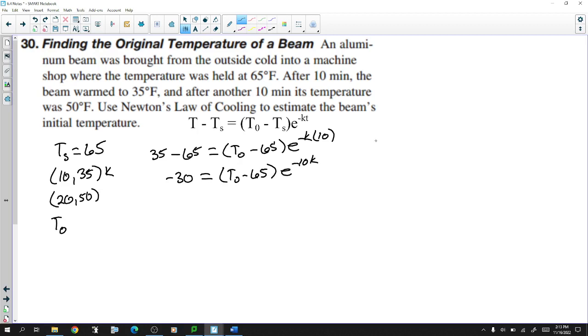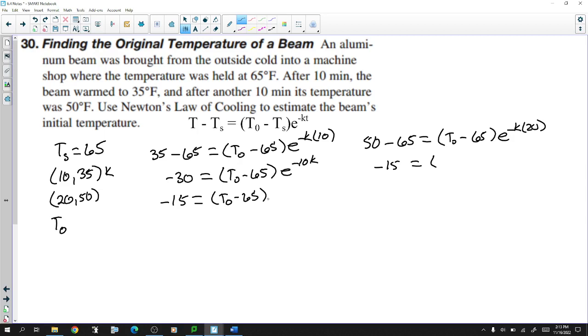Well, how about the other point? We have 50 minus 65 is equal to T naught minus the surrounding is still 65, e to the negative k times 20. So negative 15 is equal to T naught minus 65, e to the negative 20k.